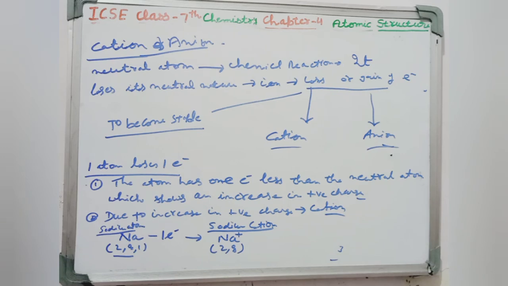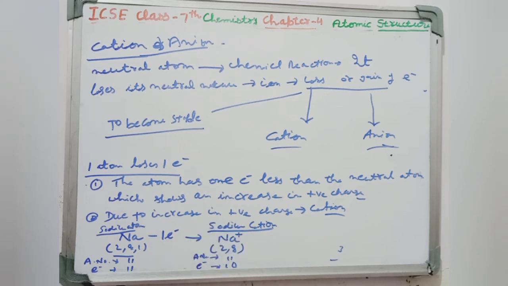Now its atomic number is 11. 2 plus 8 plus 1 is 11, and electrons are also 11. Right? Here atomic number is also 11, but the number of electrons is only 2 plus 8, 10.